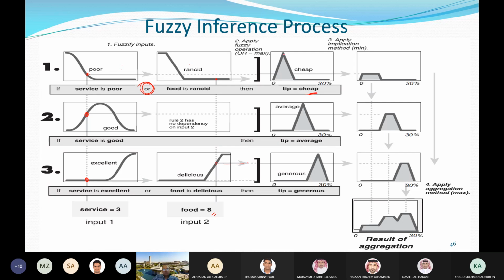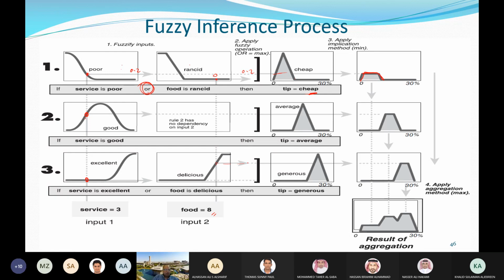Tip is cheap, and this is the membership function of the cheap. So this membership function will be satisfied by the same antecedent here. Now we said maximum of 0.2 and 0. So the output here is 0.2. So this is the degree of satisfaction of the cheap. So this is the first rule.